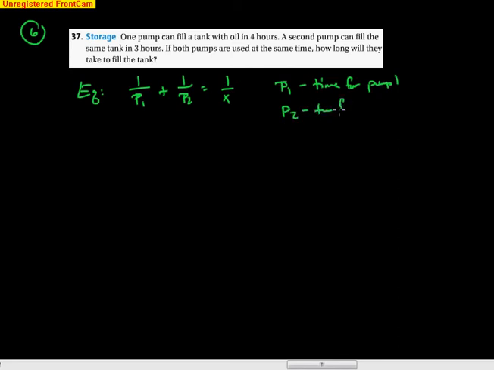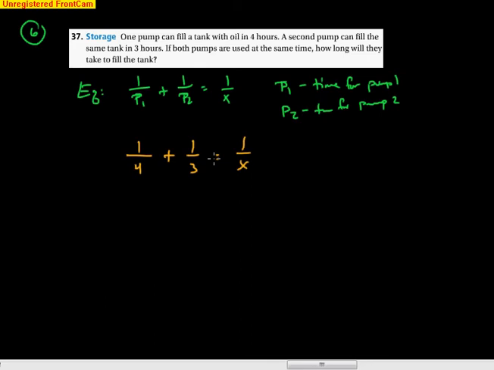P2, time for pump 2. So what you will do is fill in those numbers. So we go 1 over P1, the time it takes is 4 hours, plus 1 over P2, the time it takes is 3 hours, equals 1 over x. And our unknown is x. x is what we're looking for.